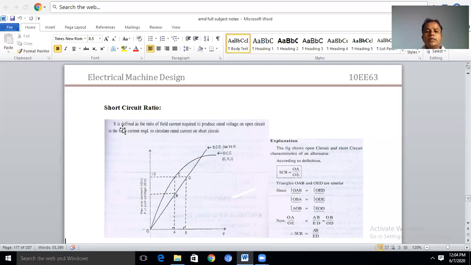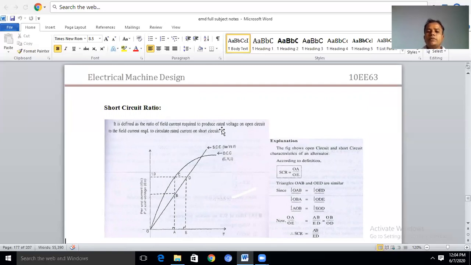This is the graph showing the short circuit characteristics and the open circuit characteristics. This is ISC versus IF, and this is E naught versus IF. Per unit current ISC and per unit voltage E naught are along the y-axis, and along the x-axis it is the field current IF.